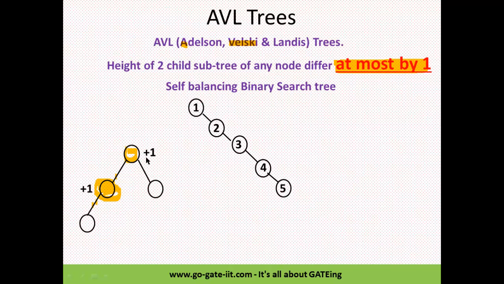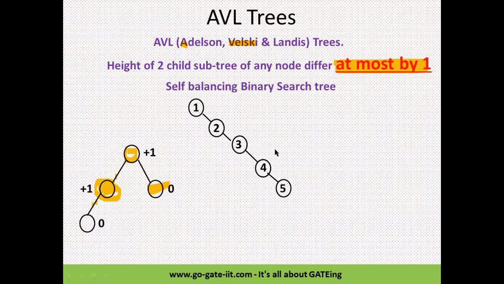I'm mentioning it as plus or minus because if nothing is there on the left-hand side but on the right-hand side one node is there, then it will become minus 1. Similarly for this specific node, we don't have a left child or a right child, so it becomes 0. That satisfies the basic principle of an AVL tree, because the heights of the subtrees of any node differ by at most 1.